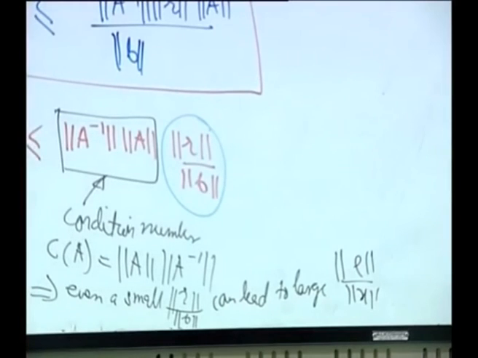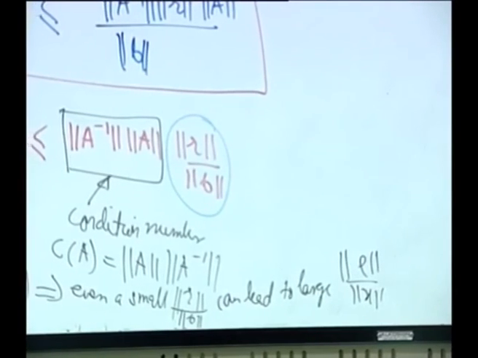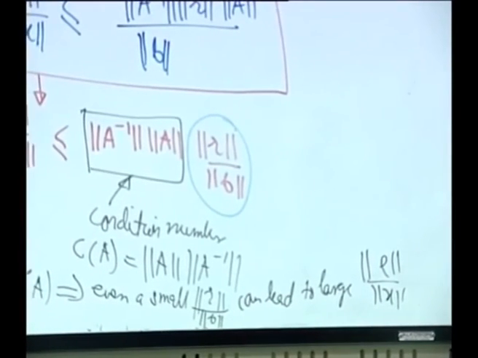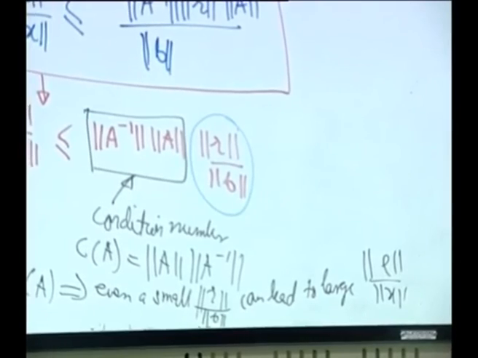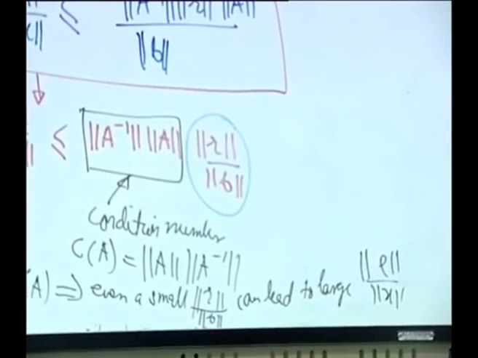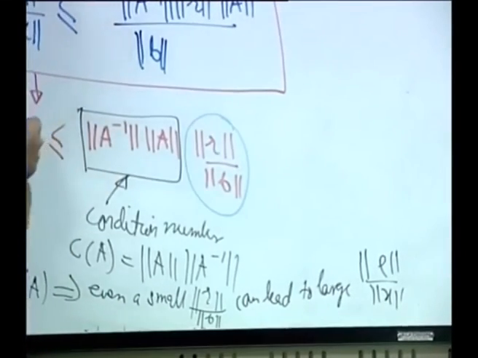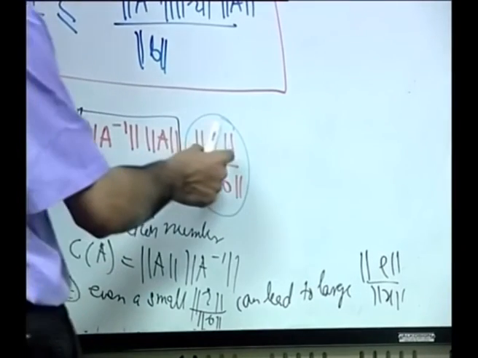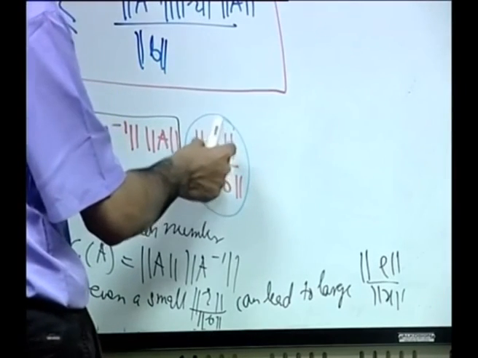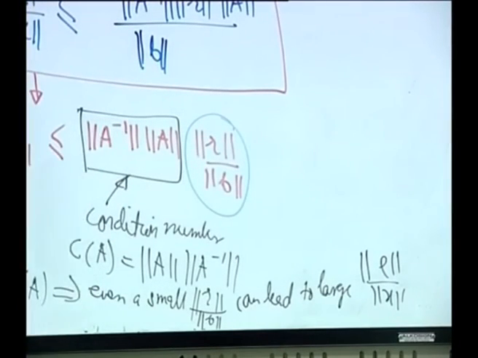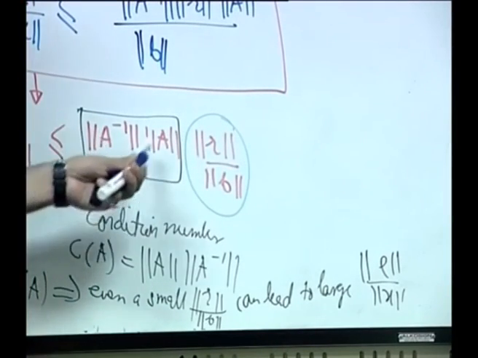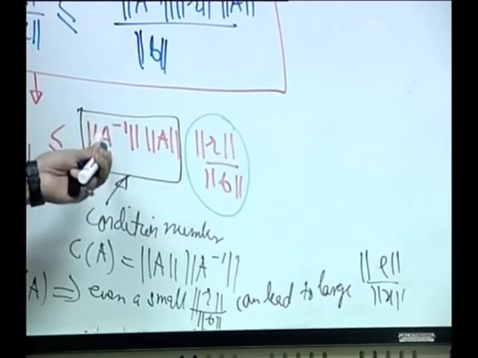If such a case occurs, then it is called an ill conditioned system. So, a large condition number is bad. It shows a great sensitivity of the error to the residue. If the residual is small, that is blown up because of the large norm of A into norm of A inverse.